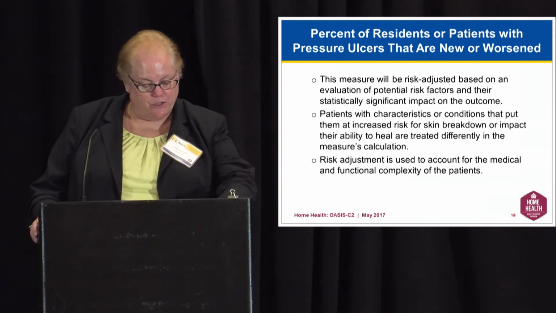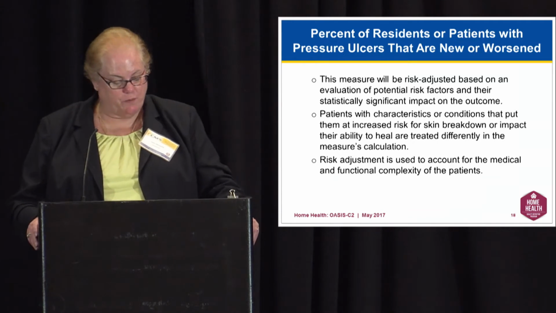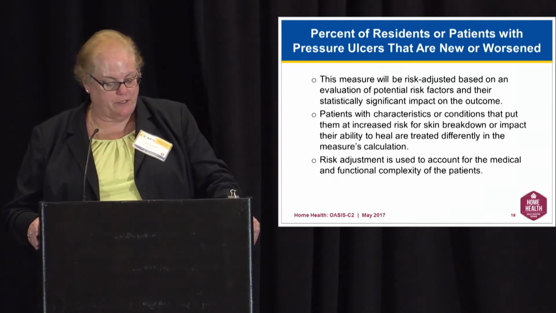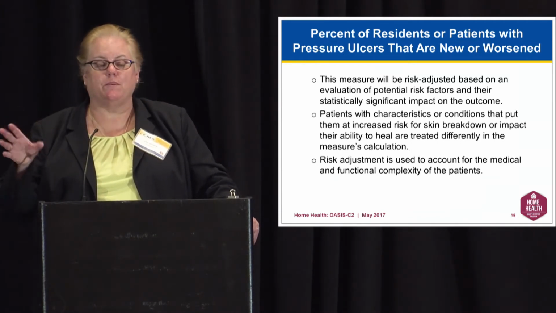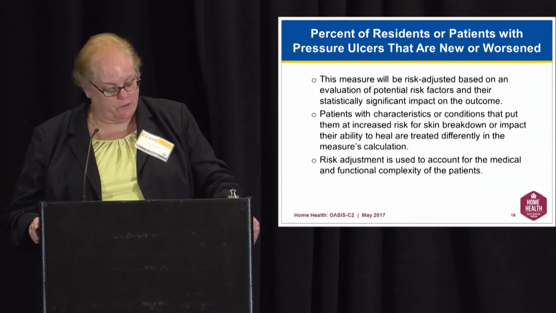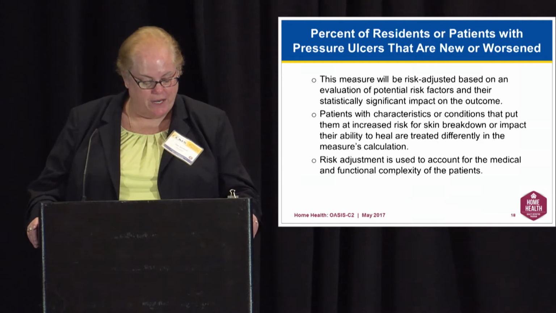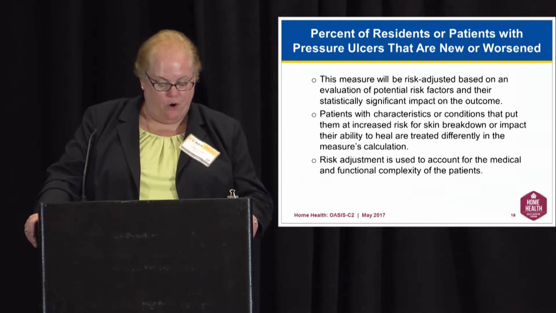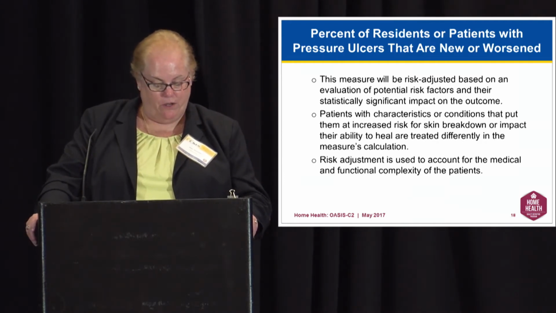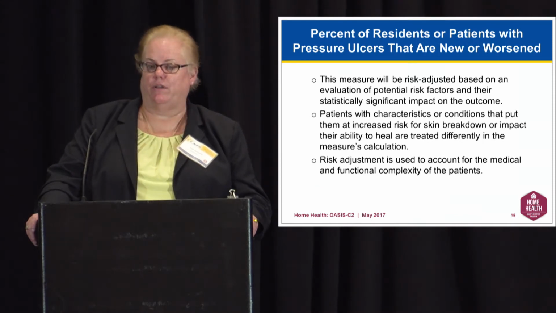The measure will be risk adjusted based on the evaluation of potential risk factors for their statistically significant impact on the outcomes. Tomorrow you're going to learn about a lot of the covariates related to that. Patients with characteristics or conditions that put them at increased risk for skin breakdown or impact their ability to heal are treated differently in the measure calculations.